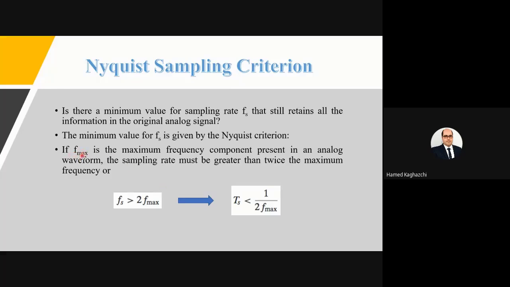If Fmax is the maximum frequency component present in the analog waveform, the maximum frequency of the analog signal, the sampling rate must be greater than twice the maximum frequency. We said that everything is okay if we obey this Nyquist sampling criterion.